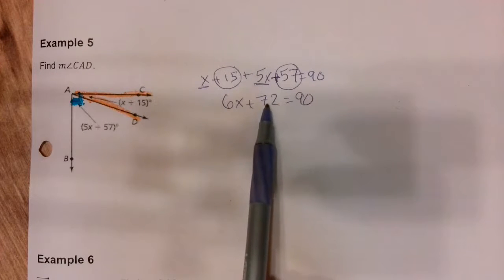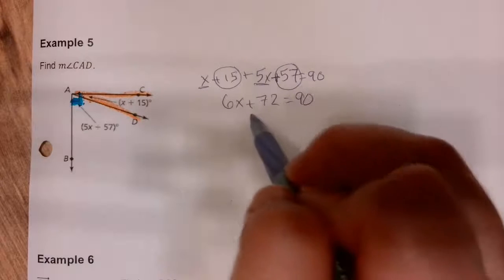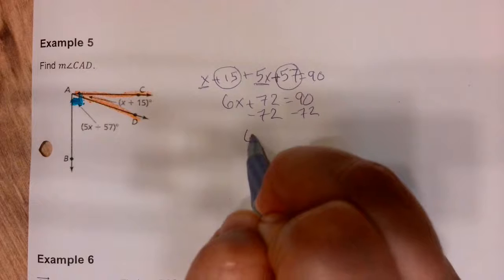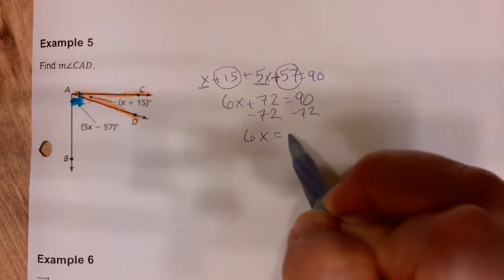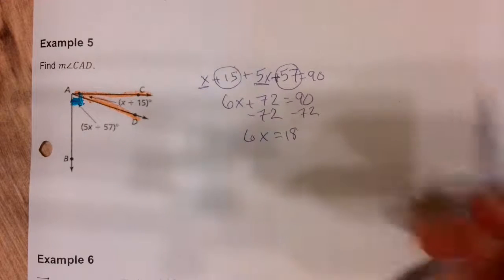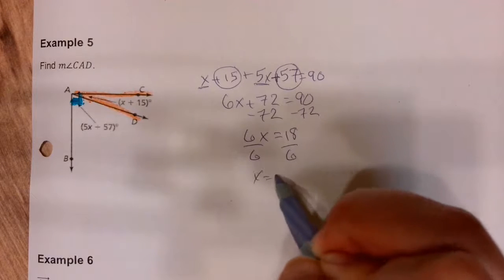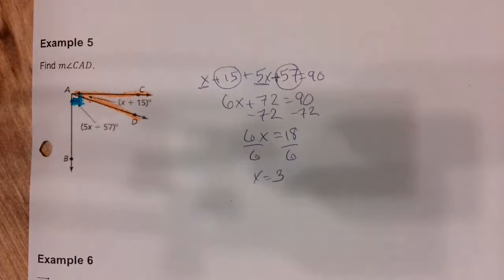Now you can subtract the 72 from both sides. 6x is equal to 18. Divide both sides by 6, and x equals 3. Now be sure to actually go back and answer the question though. We were not looking for x, we were looking for the measure of angle CAD.